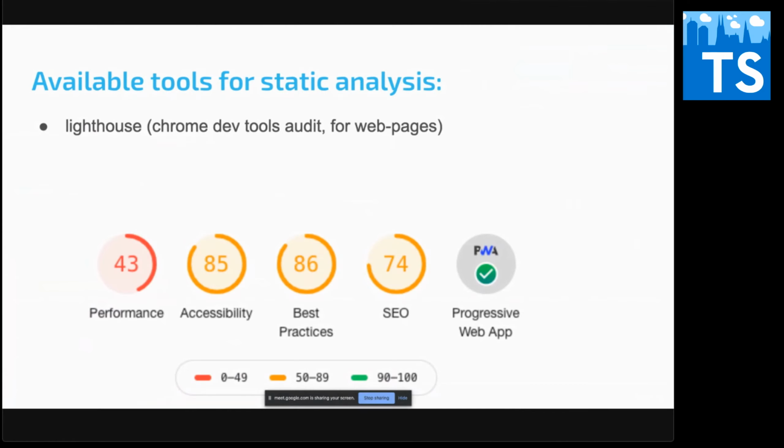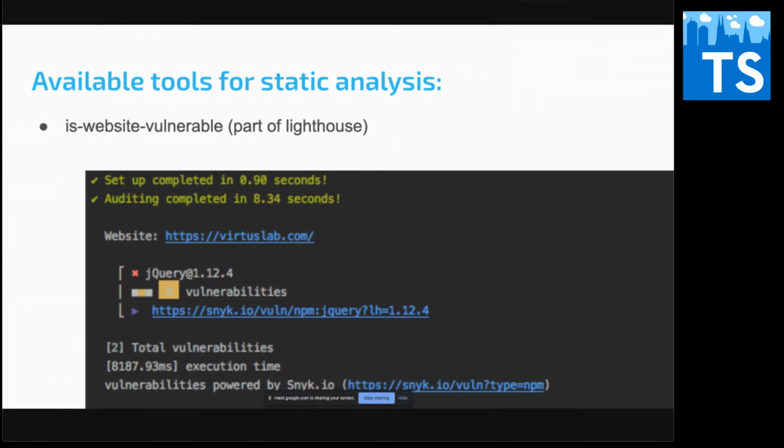Okay, another tool is Lighthouse. It's in the Chrome DevTools. When you go to the Audit tab, you can make an audit for the whole website. It will show you a few metrics like performance, accessibility, and so on. And inside, Lighthouse has a few dependencies which we can use as standalone just for our use.